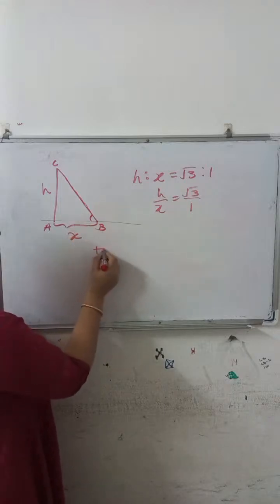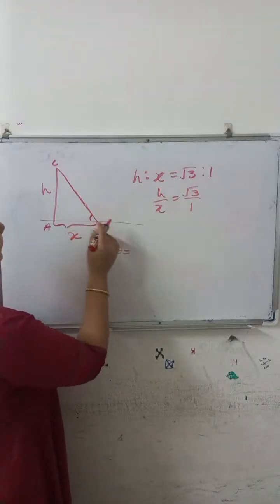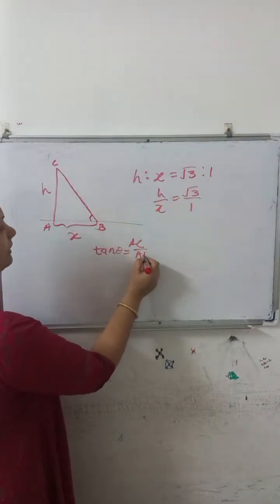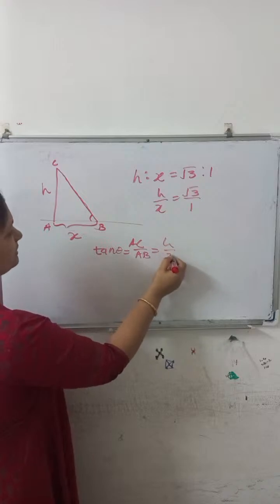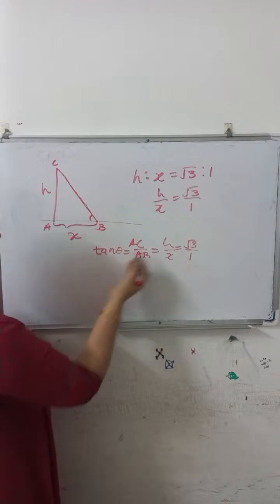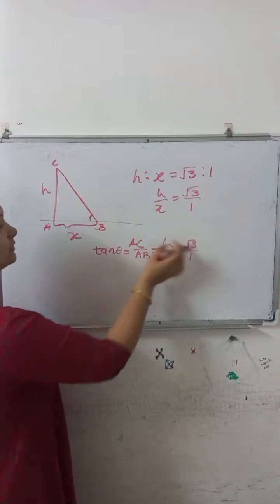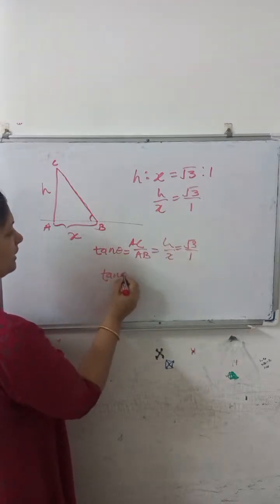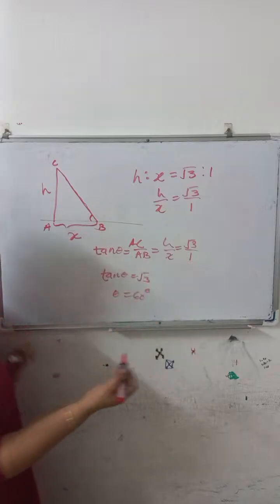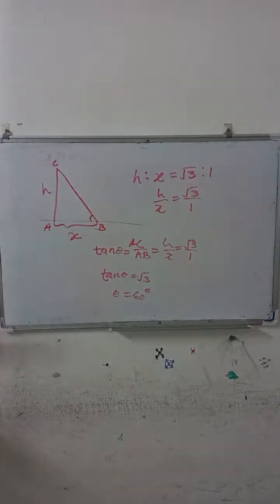So here we can again apply tan theta. Tan theta is opposite by adjacent, that is AC by AB, and AC by AB is h by x, which is √3/1. So tan theta is equal to √3, that is theta is equal to 60 degrees. Which option is correct?